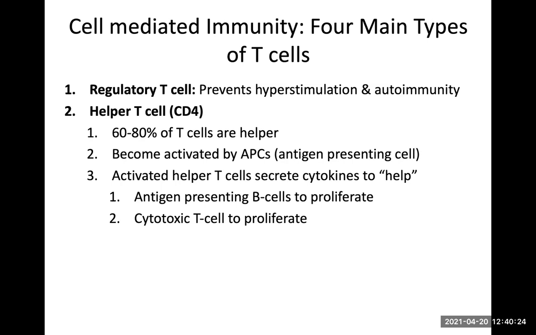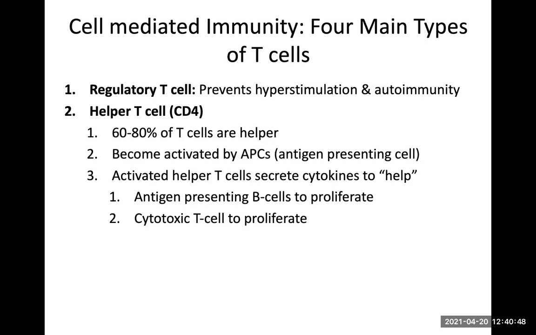And so that means that all of our memory, all of our lifelong protection depends on activation of a helper T cell, right? The helper T cell has to give permission to the B cell and the T cell to be able to proliferate and make those memory cells.